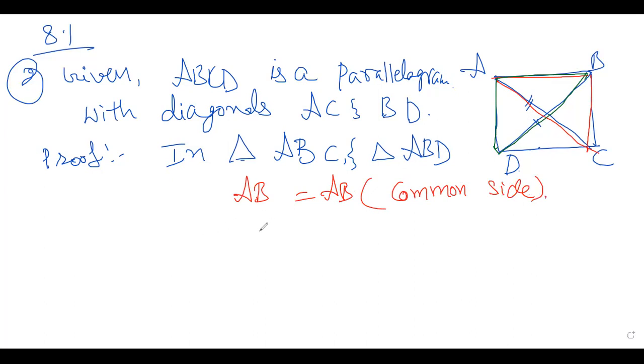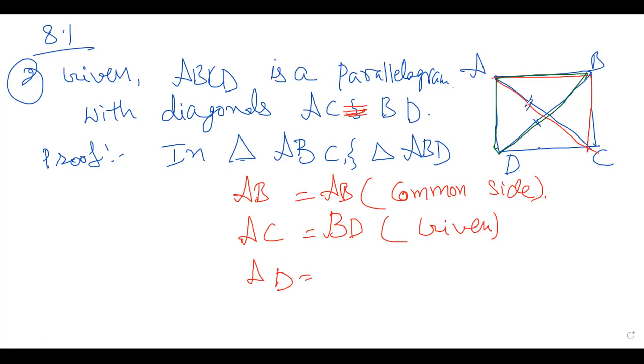What is given already? BD and AC. Can I write AC is equal to BD? It is given, right? They said these two are equal. AC and BD are equal. Then which is equal? They said it is a parallelogram. ABCD is a parallelogram.